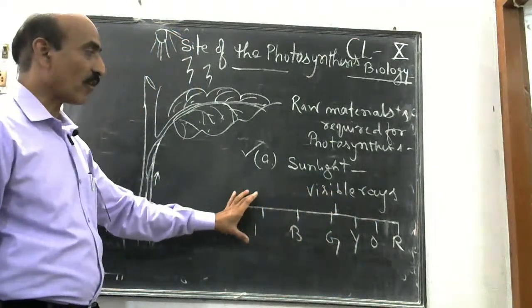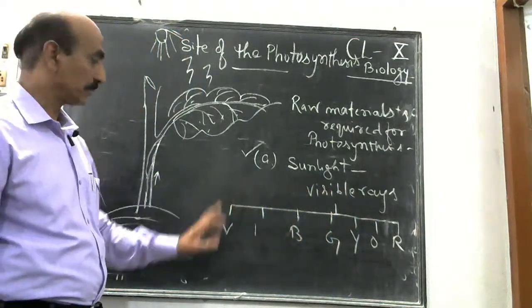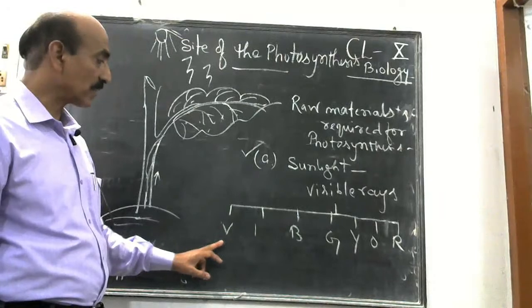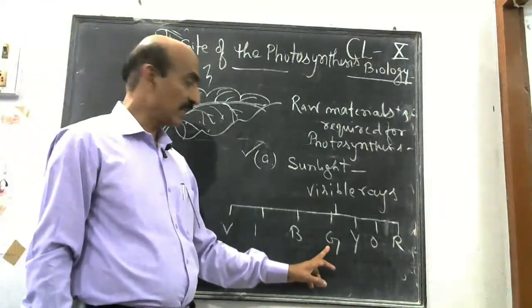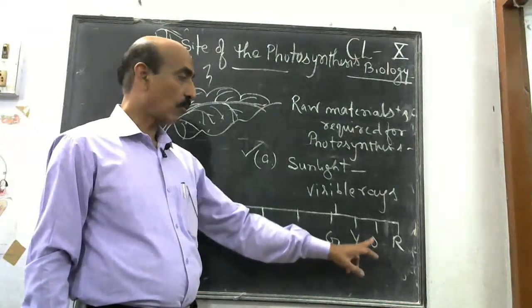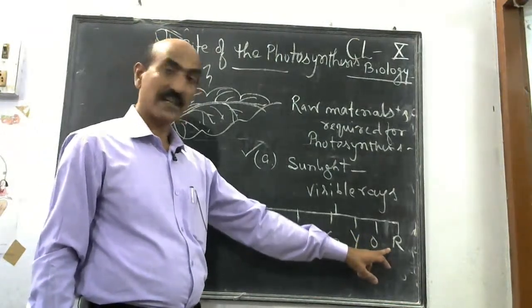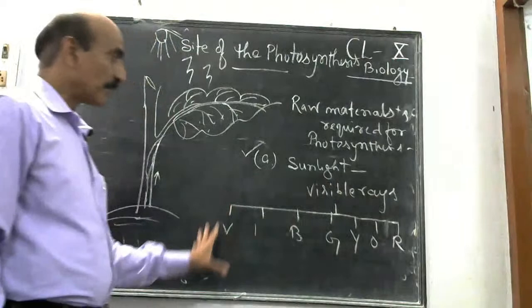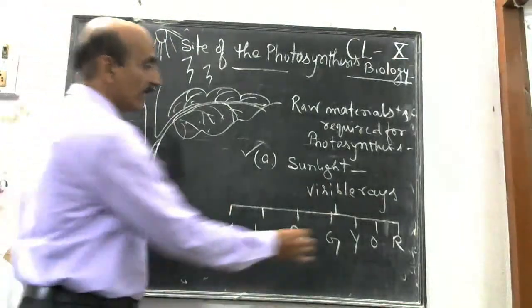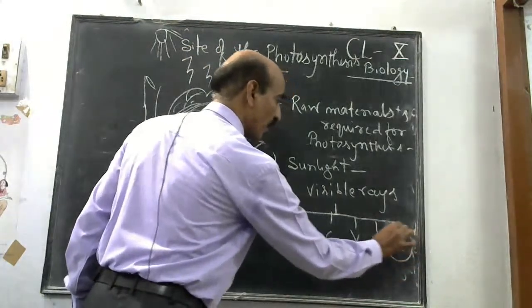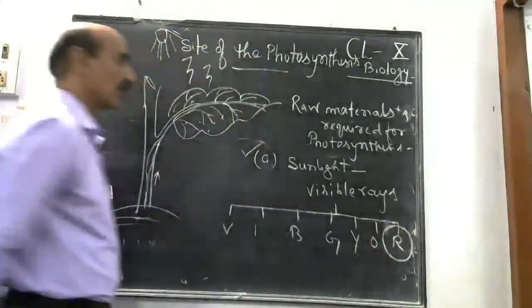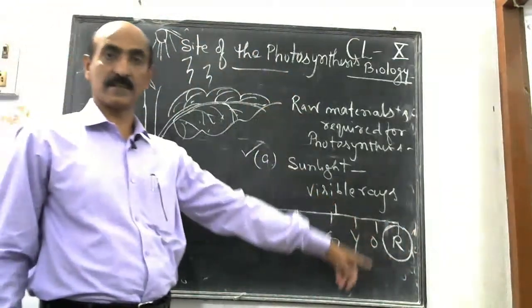This is the collection of seven different rays. V means violet, I means indigo, B means blue, G means green, Y means yellow, O means orange, R means red. Among these VIBGYOR or all visible rays, red light is the most suitable light for photosynthesis.